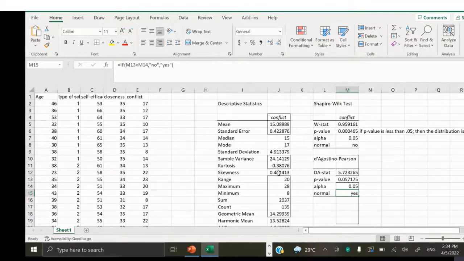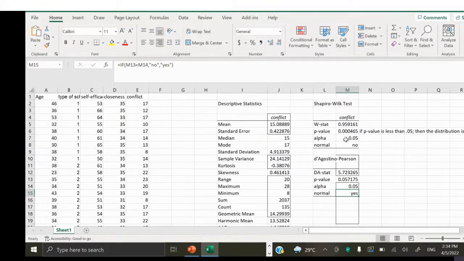Although this kurtosis is negative, it is leaning a little bit toward platykurtic, but it is not very far from 0. Okay, 0.38 and 0.46. So it's still the researcher's judgment call.